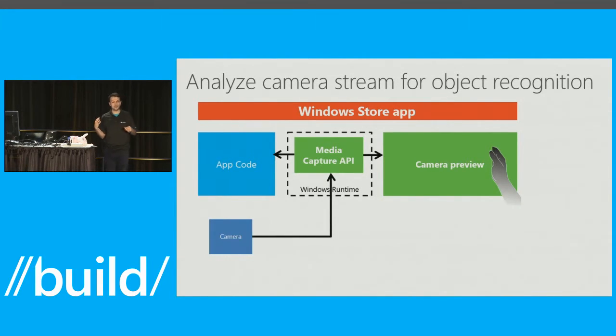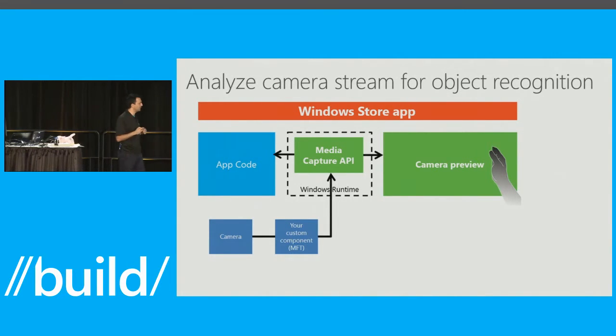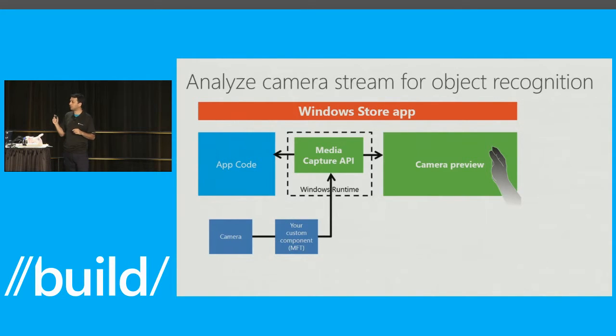And what's happening here is when my hand is in the preview, what I want to be able to do is recognize that it's a hand. There is a movement, right? What I would do as an app developer in this case is write a custom component we call Media Foundation Transform, MFT, and insert it between the camera and the media capture APIs. I'll show you how to do that. That part is pretty simple. But what's going to happen here is that component is going to talk to the app code to say that there is a hand there and do something interesting. In this case, it's going to blow up the balls.